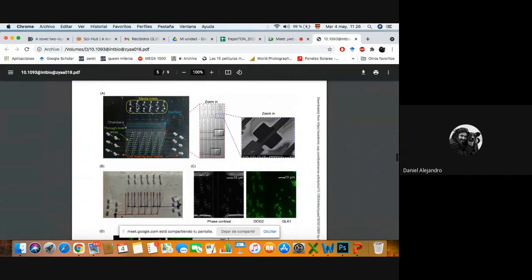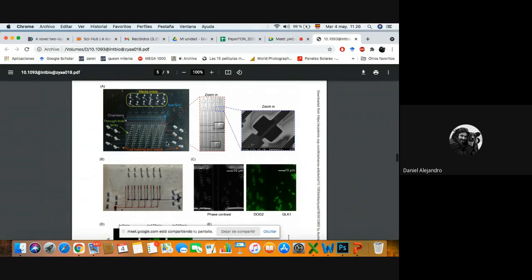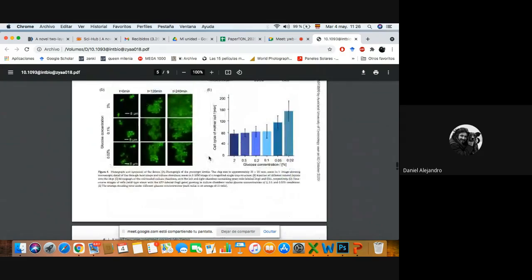Here we can see the media inlets and the chambers, the little barriers to do two repetitions for everyone. And here we can see all the response of the yeast.